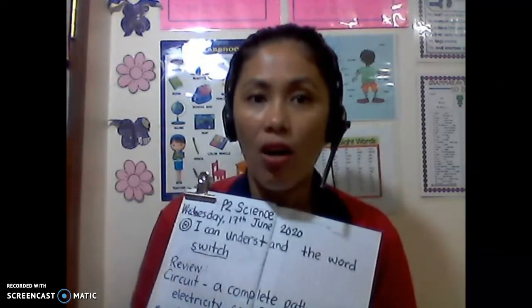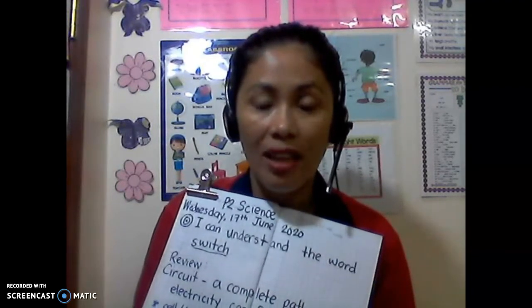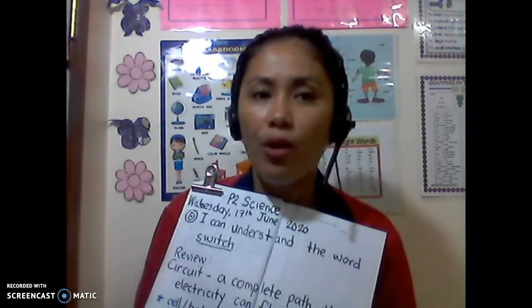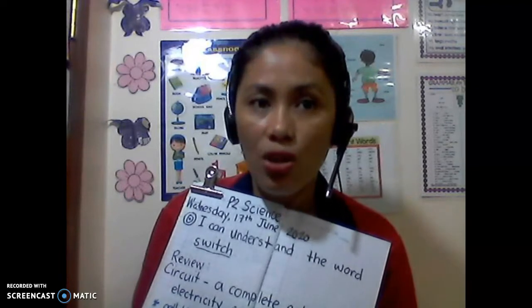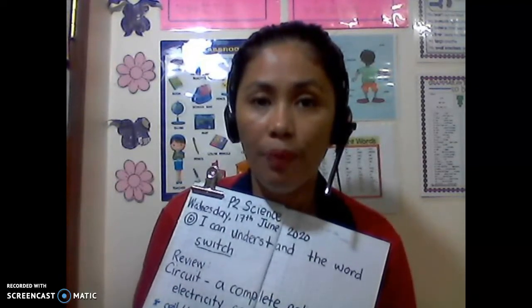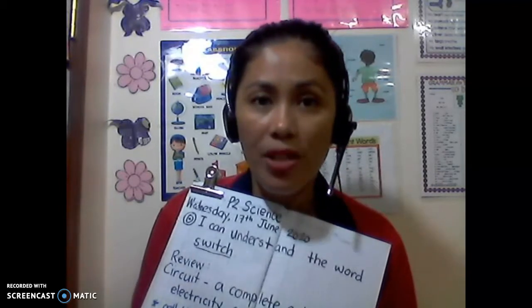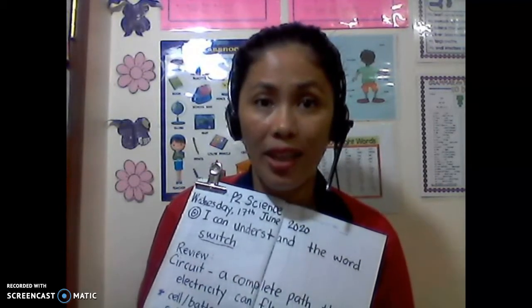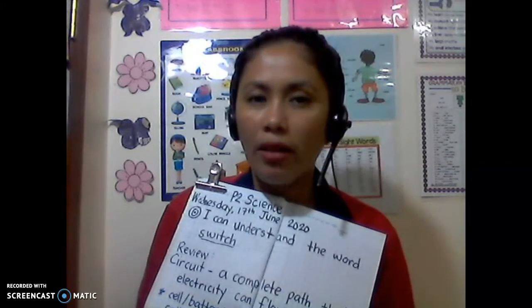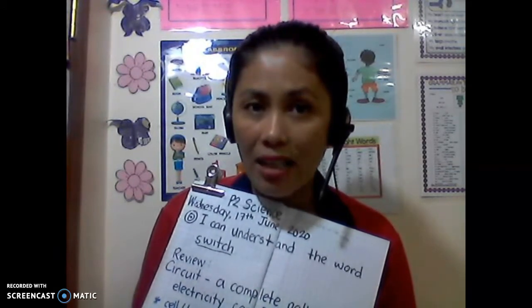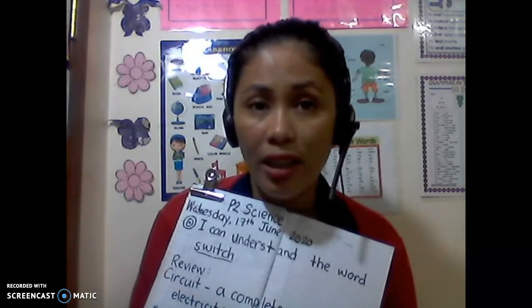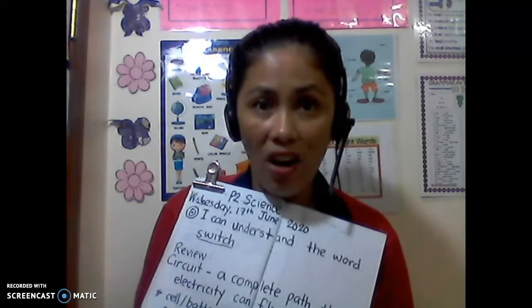Last Friday during our live session class, I discussed switch with you. There is an open circuit and a closed circuit. So what is the thing that is used so that the circuit can be off and can be on?